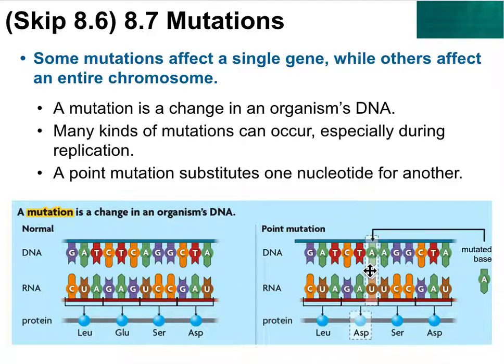So instead of having a G over here, you're going to have a U. And this codon, GAU, is the code for ASP amino acid, not GLU. So you can see we've got a different amino acid. So if we have a whole bunch of amino acids that have things in them they're not supposed to have, they may not turn out the way they're supposed to. All right. So it's kind of like a typo.